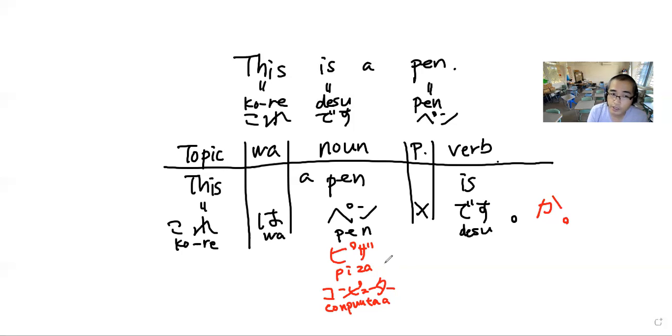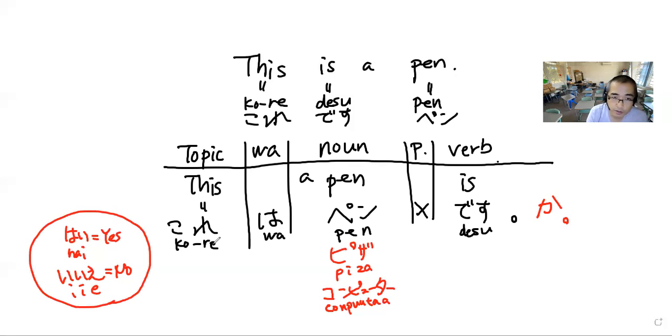Of course, when you answer, you can use yes and no in Japanese. How do you say yes in Japanese? はい。はい means yes. How do you say no? いいえ。いいえ means no. So, if someone asks you, これはペンですか？You can say, はい、これはペンです。Or, いいえ、これはペン。How do you say "not" in Japanese?